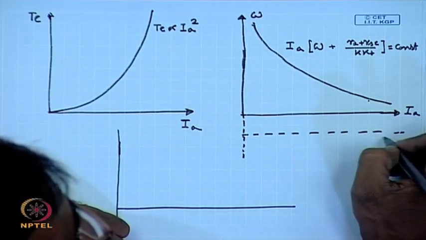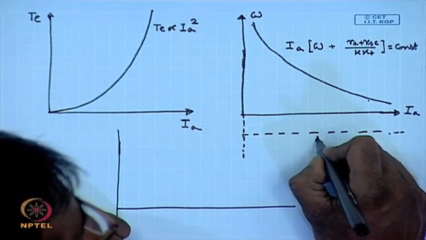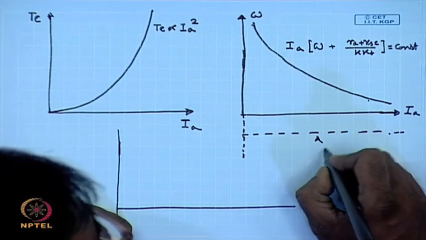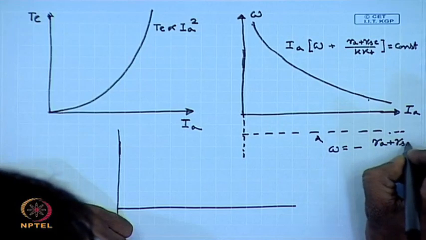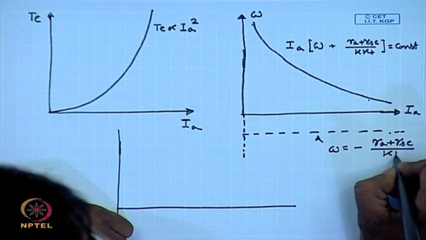This characteristics asymptotically approaches this line, which is omega equal to minus R_a plus R_ac by K k_f.